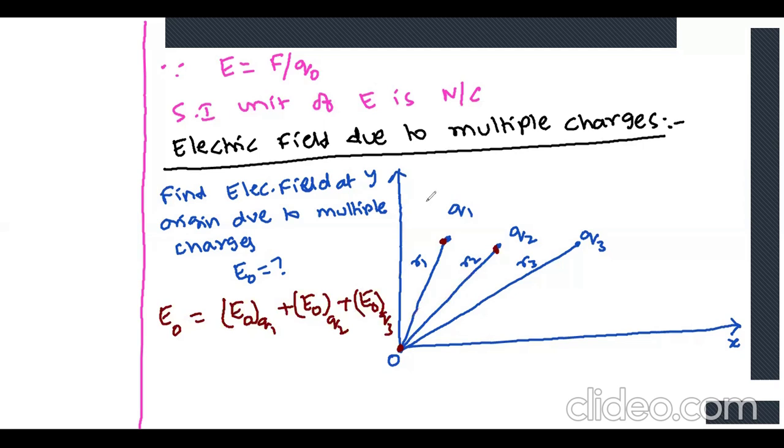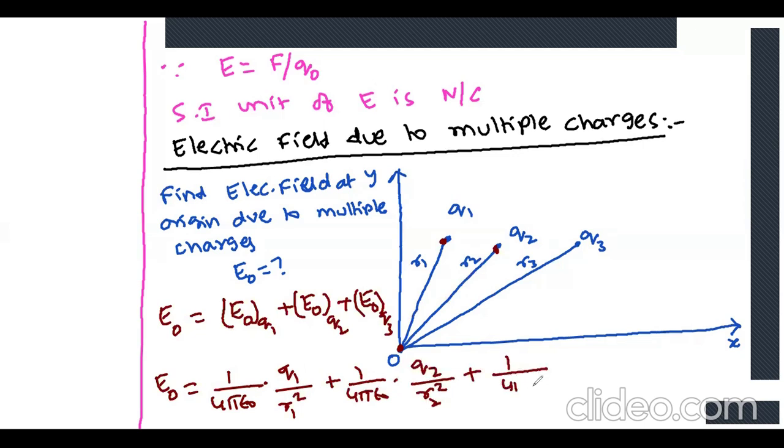So, all these are point charges only. So, I can say due to Q1 means 1 by 4 pi epsilon naught Q1 by R1 square. Due to Q2 means 1 by 4 pi epsilon naught Q2 by R2 square. And Q3 is 1 by 4 pi epsilon naught Q3 by R3 square.